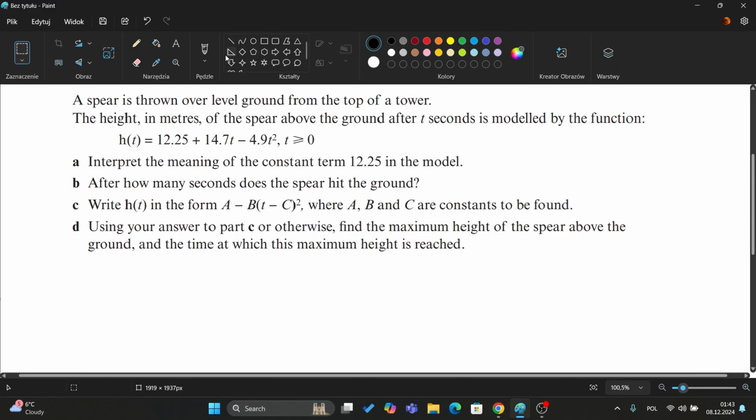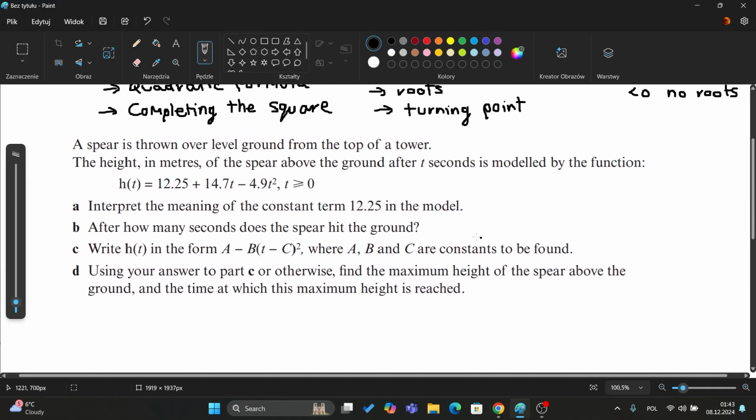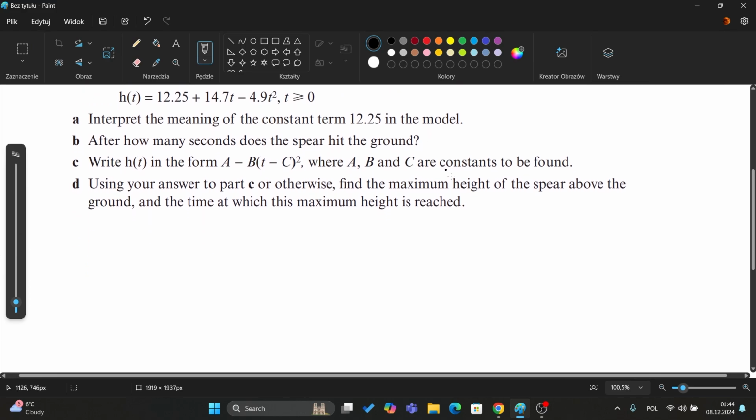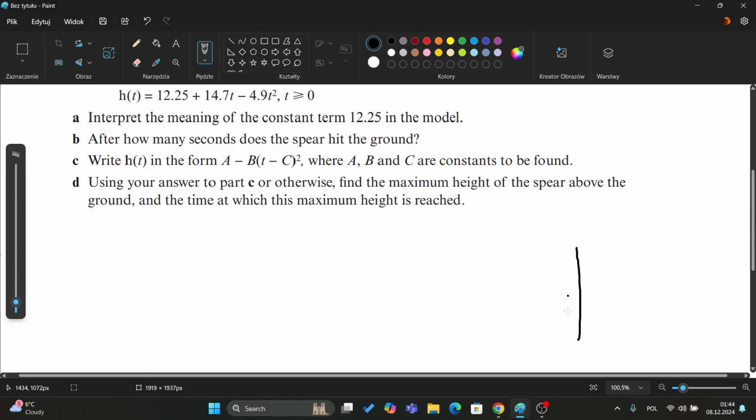Okay, first of all we need to know what is happening. A spear is thrown over level ground from the top of a tower. So we have a tower, this is our ground, we have a tower.